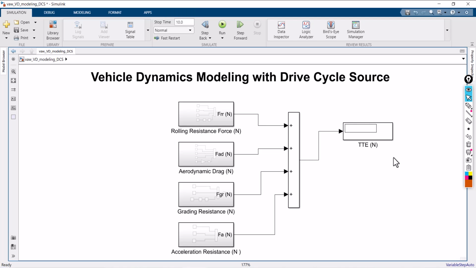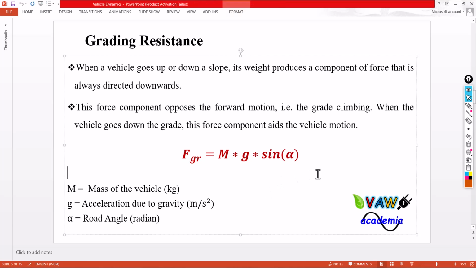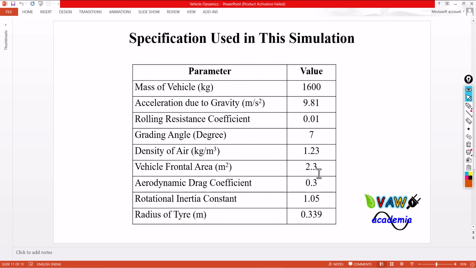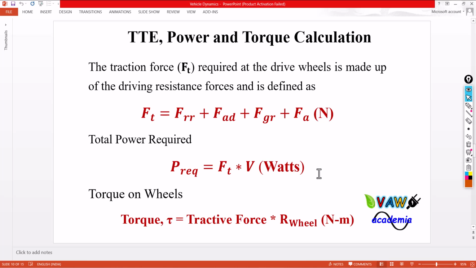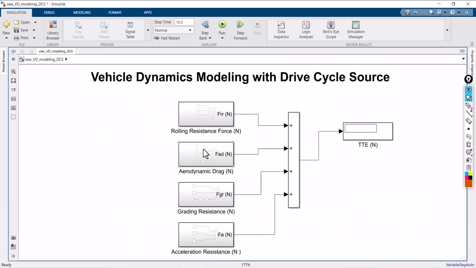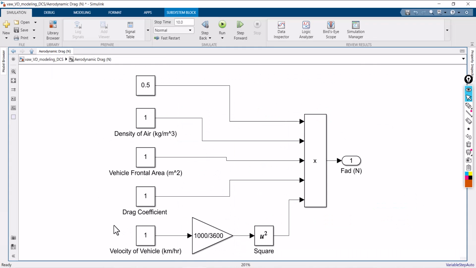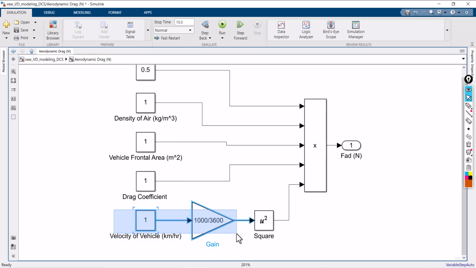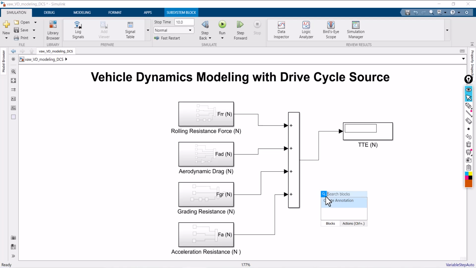Now, if you want to calculate the power, according to the equation the formula is total tractive force multiplied with velocity of the vehicle. Go to aerodynamic, take the same velocity without the square term. Copy it, place it outside.